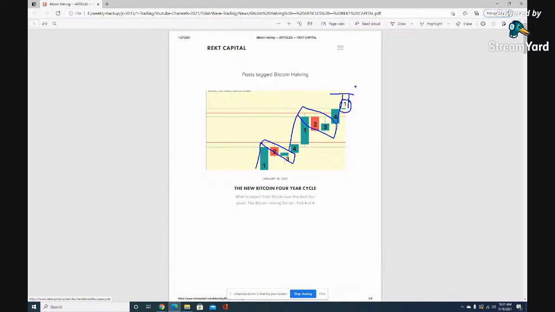And 2022, people talking about the bear market. Well, if history continues, this is number 2 here, and this is number 2 here. So there's a high probability that cryptocurrency and Bitcoin in general will have a retracement next year.